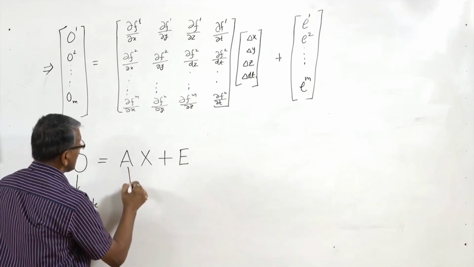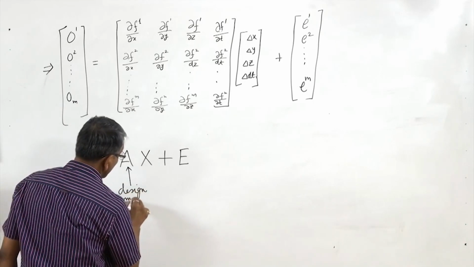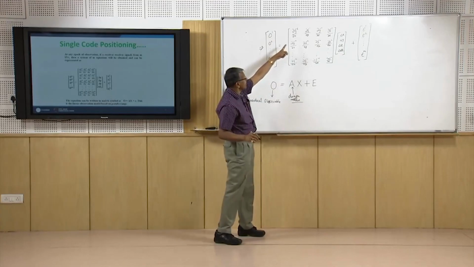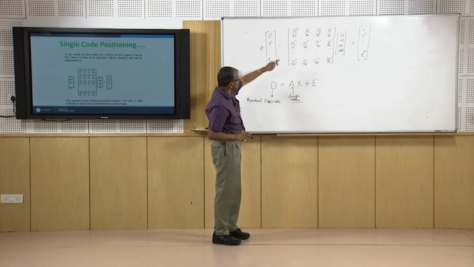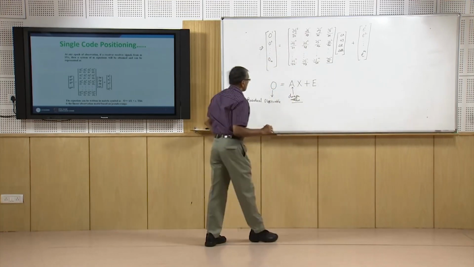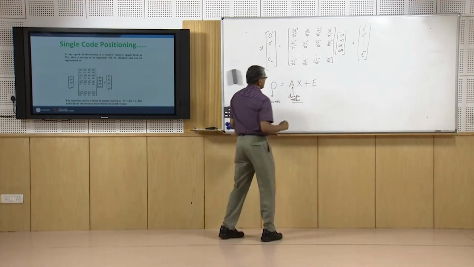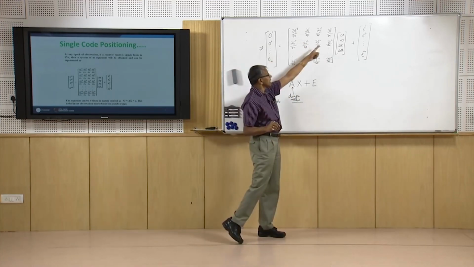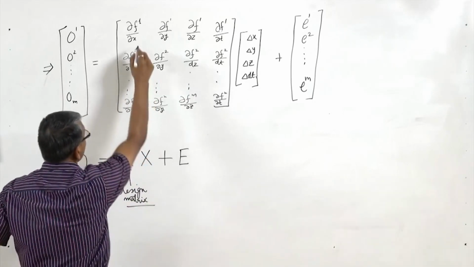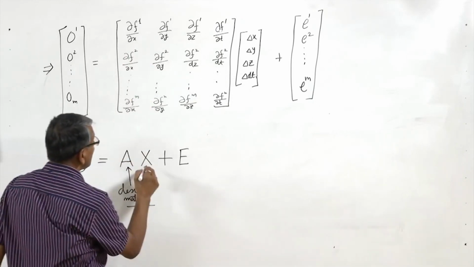This A is called the design matrix because it depends on the partial derivative of the function which we are taking for measurement, and it will depend upon the constellation of the satellites as well as the position of the satellites and the assumed position of the receiver, so it is called the design matrix.